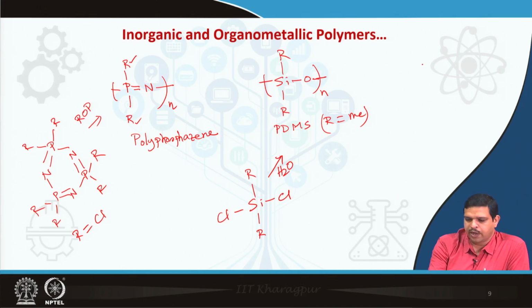Similarly, another category of inorganic polymer is the silane. Silane is also another interesting category. This is called the polysilane. Interestingly, this is also a semiconducting material.